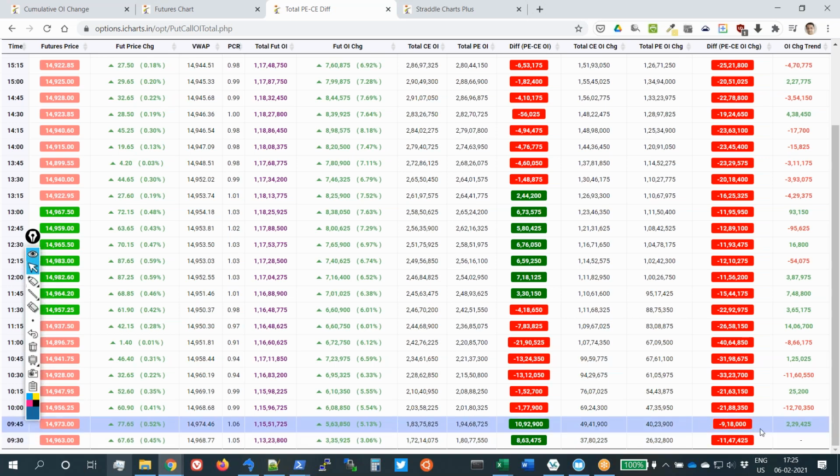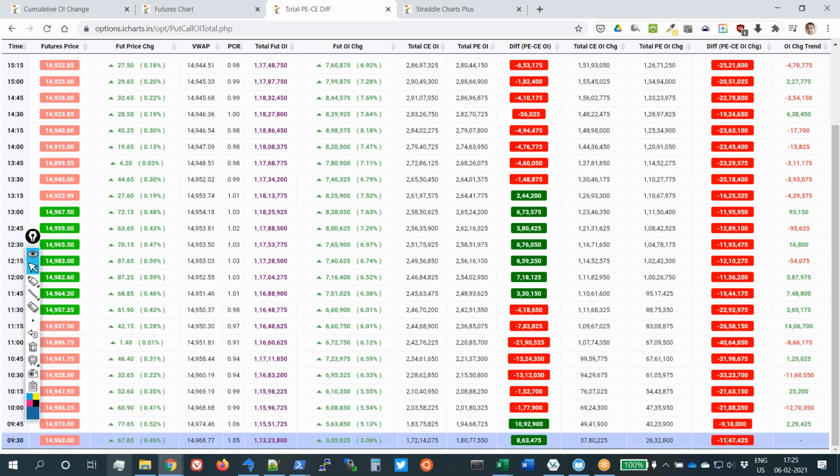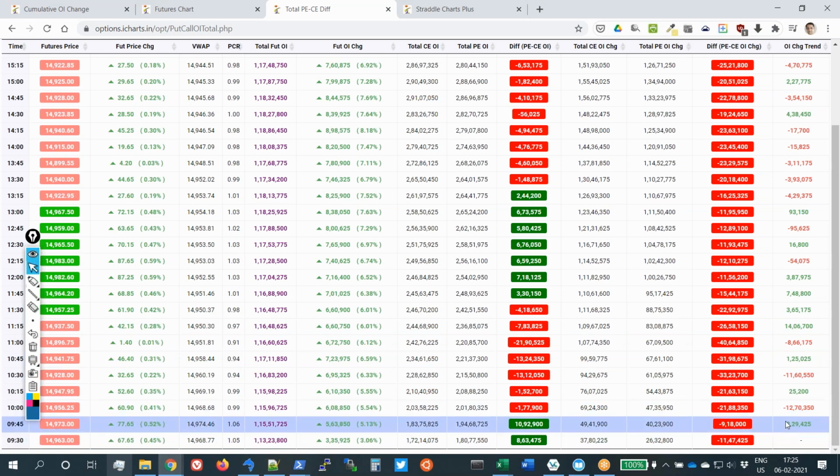This OI change trend just tells you whether this is strengthening or weakening. Here it is all very much negative, but this tells you that 2 lakh OI has got added on the put side. So either calls have lightened up or puts have been written more. Whatever it is, 2 lakh OI has gone to the positive side. That is what this indicates.